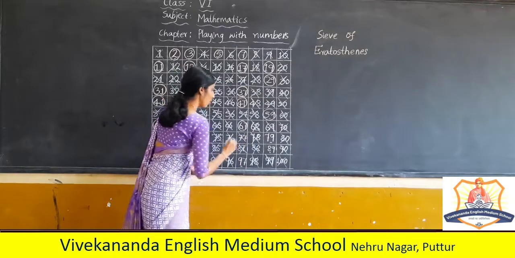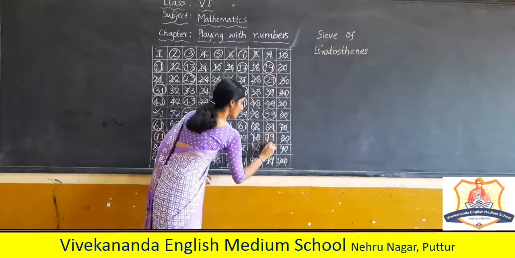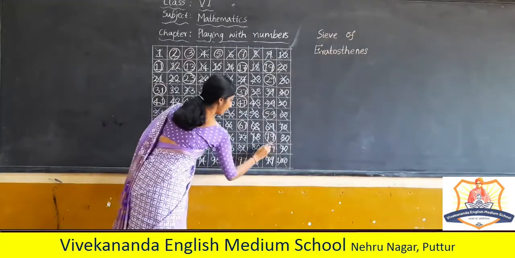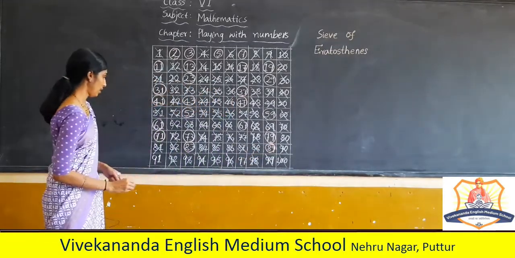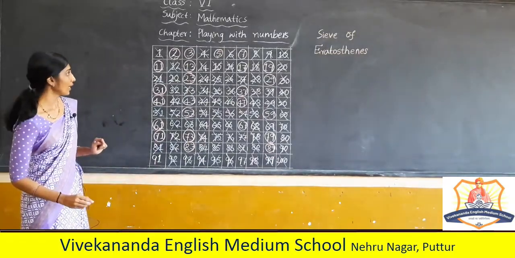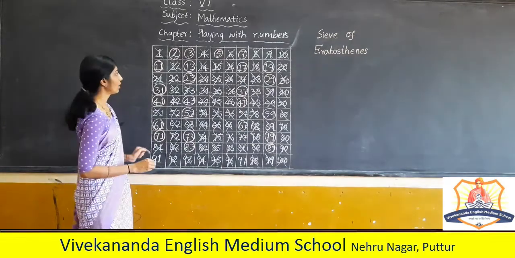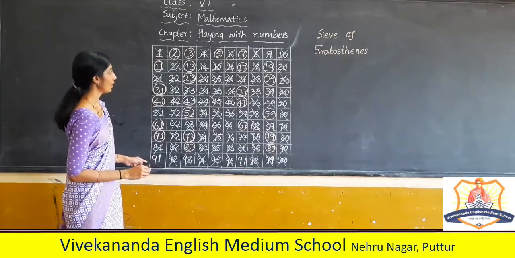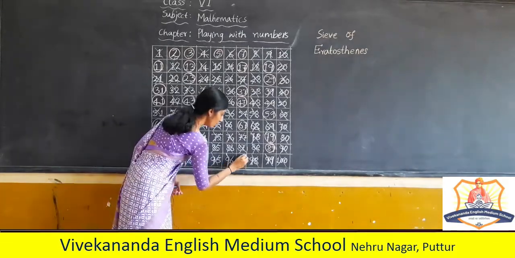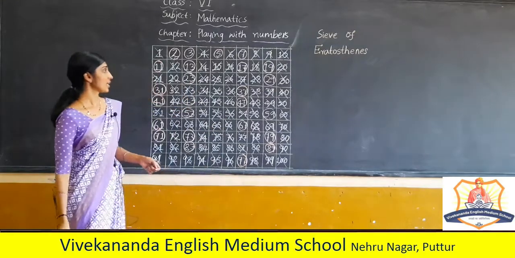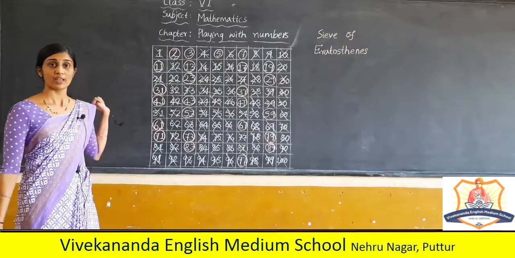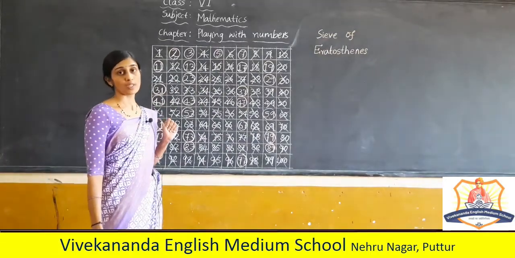Hence it is a composite number. 79, 83, 89, 91. 91, 7 13s are 91. 97. So we can easily bifurcate prime numbers and composite numbers.